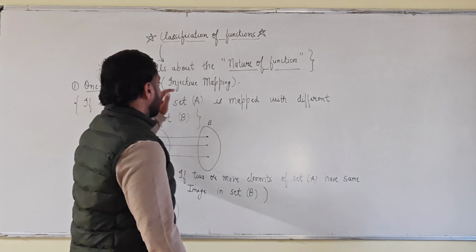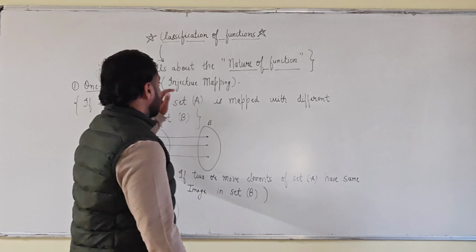Next we talk about the methods for checking whether a function is one-one or many-one. The first method is the graphical method. If any line parallel to the x-axis cuts the graph at two or more points, then the function is many-one, otherwise the function is one-one.